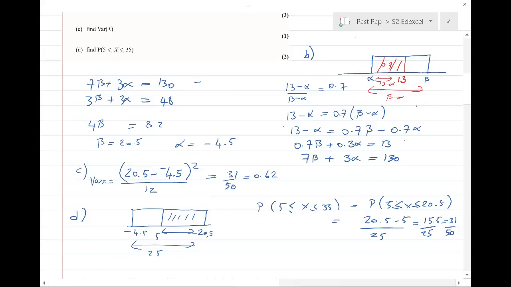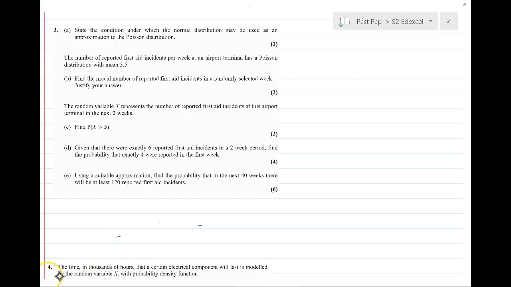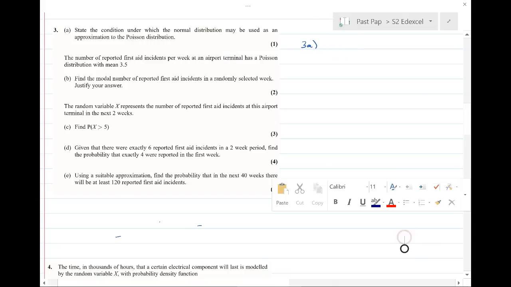Let's have a look at the next question, 3. So it's Poisson distribution, and the first bit's just a standard question asking for the conditions where Poisson can be approximated using the normal distribution. And hopefully we know the answer to that. Lambda, the mean, must be large.